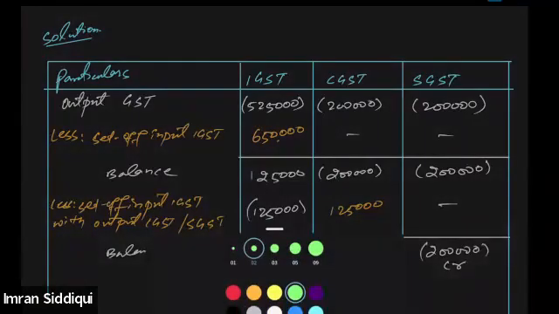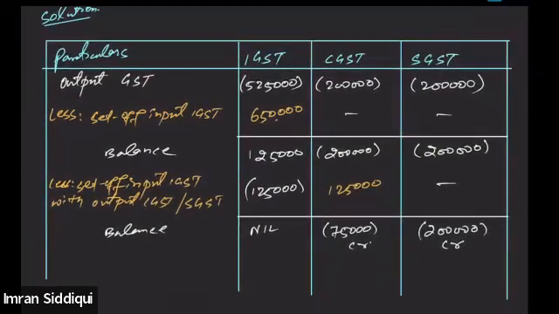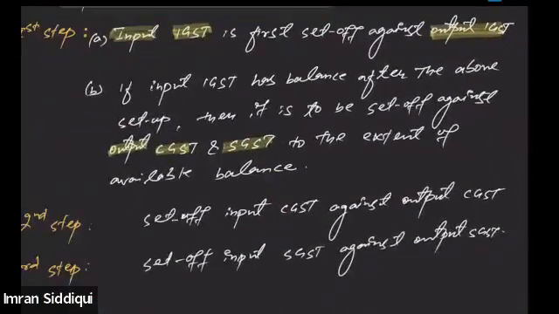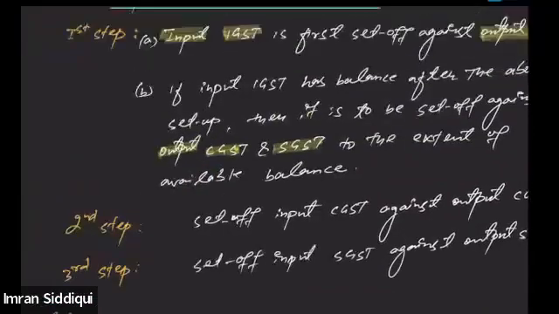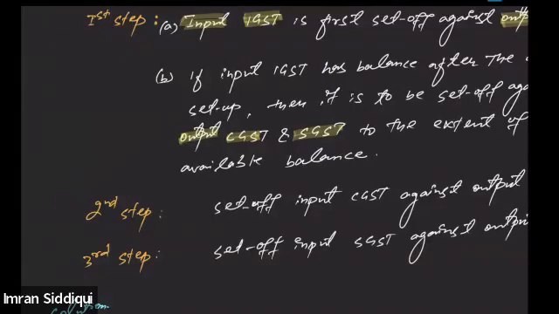Okay. After that, since IGST has been set off, now we will have to set off the input CGST with the output CGST as well, as you must have written this step, right? We are done with the first step. We have set off the input IGST with the output IGST.